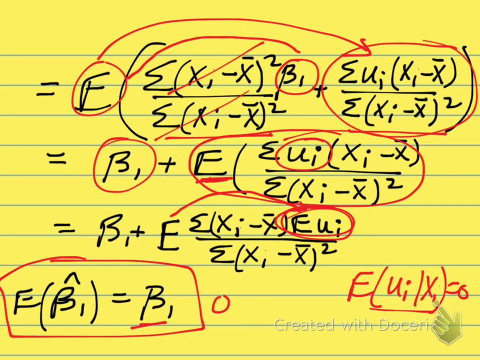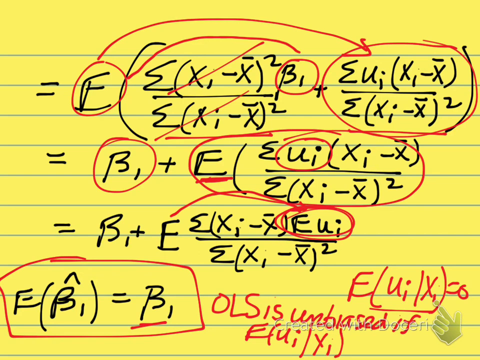So OLS is unbiased in that sense. It's unbiased if the expected value of the error term, conditional on the xi's, is equal to 0. If this condition is not true, then this term here is not equal to 0, so the expected value of beta 1 hat is not equal to beta 1, and that's what we mean by saying the coefficient is biased.